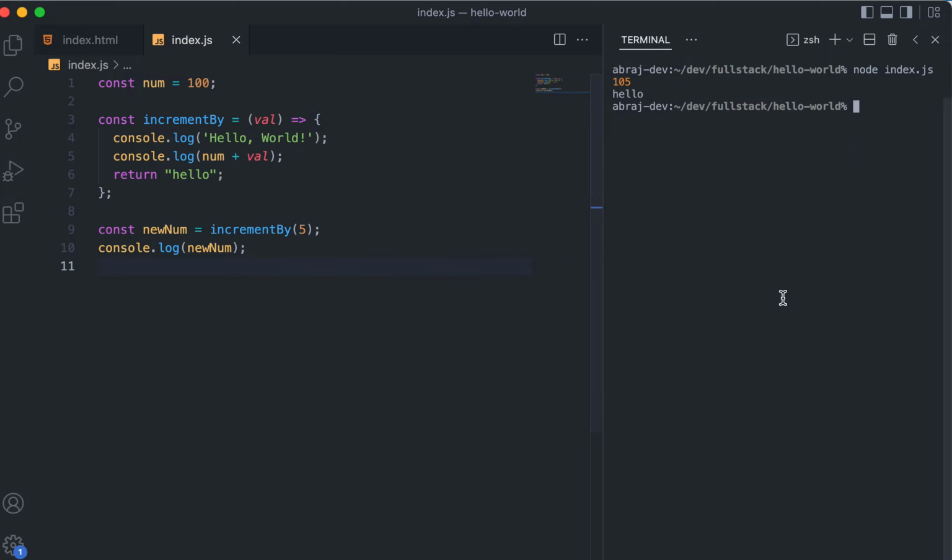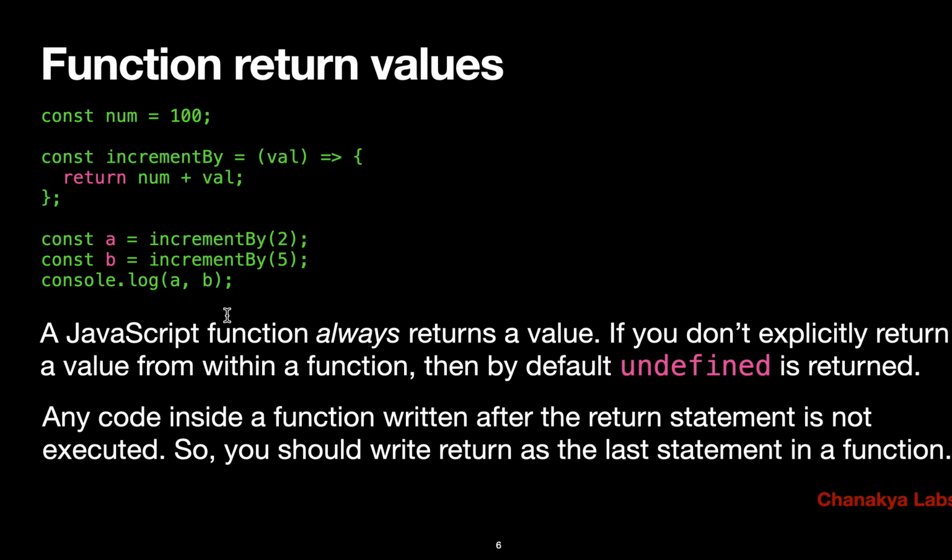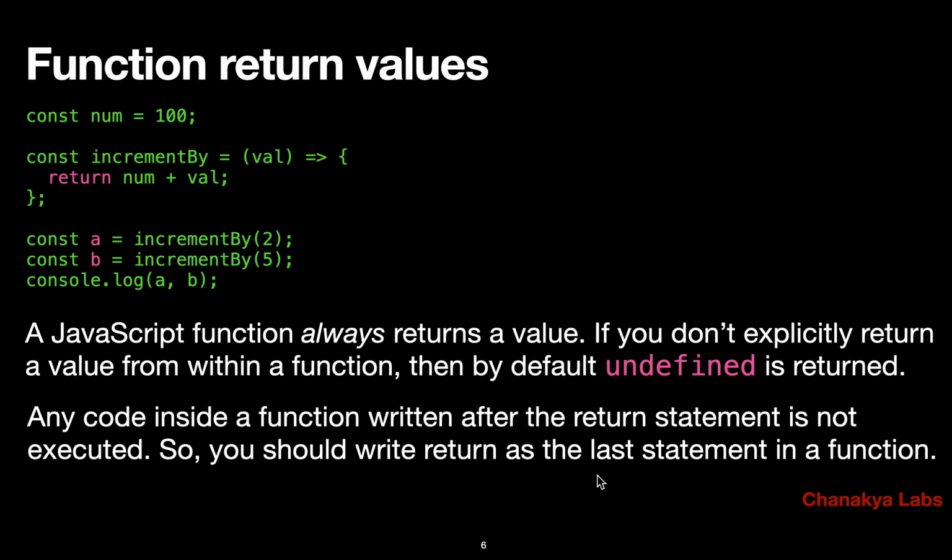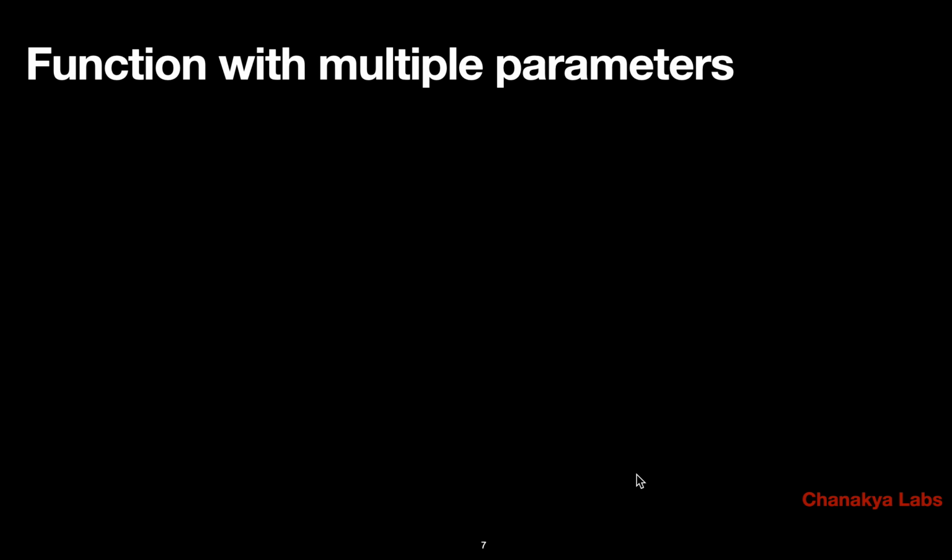If you do that, you see that hello world is printed, 105 is printed. It does not make sense to write anything after return, and that's why generally you should write return as the last statement in the body of the function.